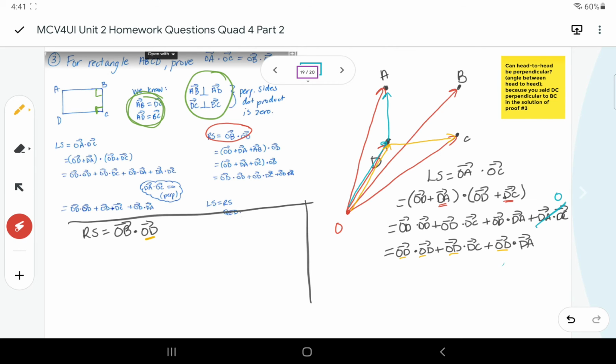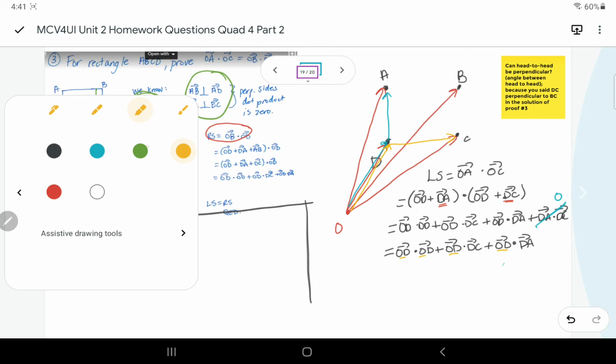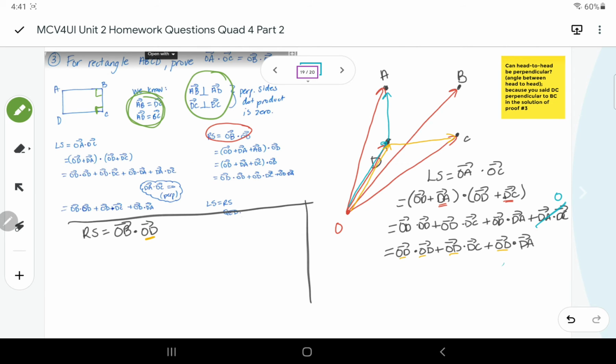There's multiple different ways of doing this. I just picked the OD, I think, because of how I drew that. That was the one that made sense to me first. So here, what I want to do is do a different path from O to B. I'm going to use a green highlighter here.